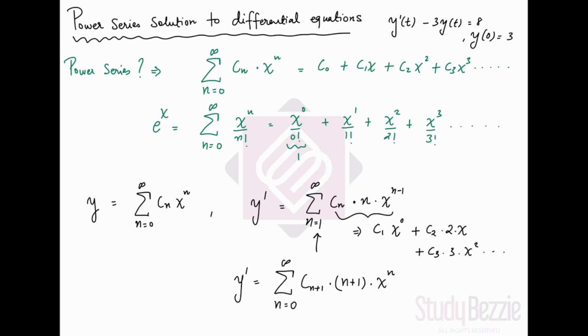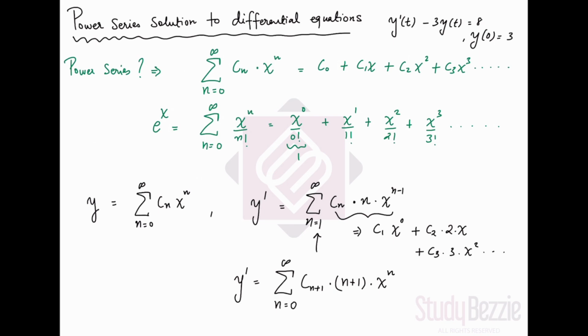Okay, usually people use x's to represent power series. Even though this function is in terms of t, I will solve it in terms of x because I've already given all the information and formulas in terms of x, and I will convert it into t in the very end. Okay, so bear with me. Don't worry about it. It's just different variables, but it doesn't really matter too much.